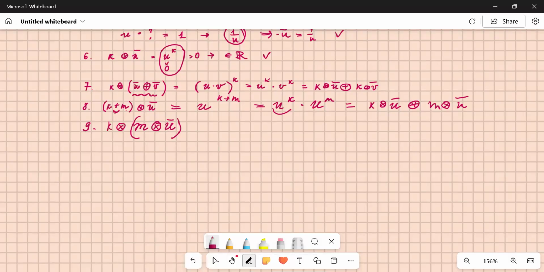K cross. So what I do, I multiplied my vector by scalar m, and then result is going to be a vector, and I multiplied by scalar k again. What I'm going to have in my special case: this product m by u is supposed to be u to the power of m, right? If you multiply the result by k, it's going to be raised to the power of k. We know that we raise power to the power, it's just a product of powers.